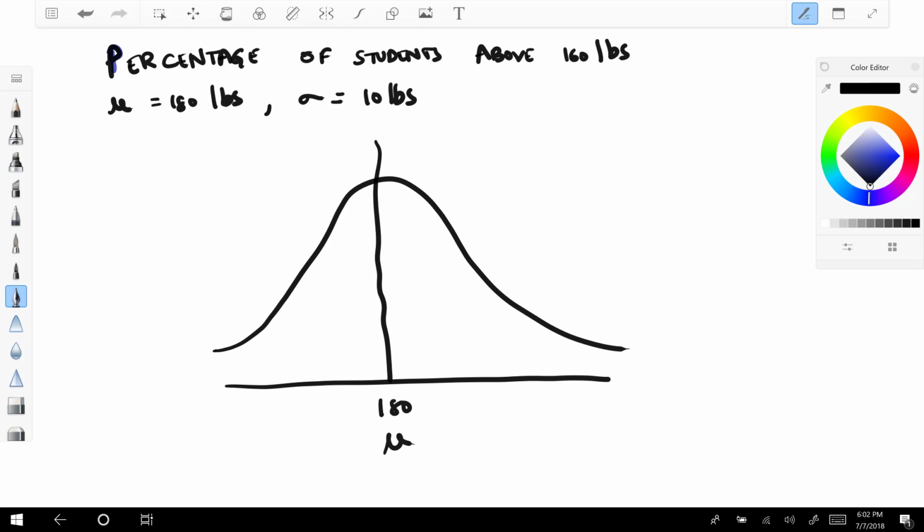So that is percentage of students above 160. So 160 would lie somewhere here. So this is one standard deviation, which is 170, and this is two standard deviations, 160. So this is mu minus 2 sigma. So we are looking for this area. So we are interested in knowing what is that percentage.